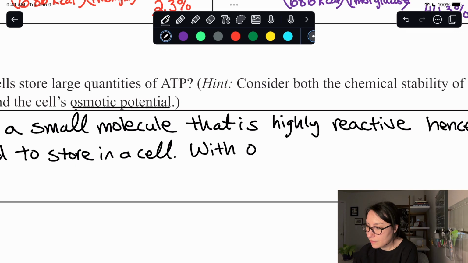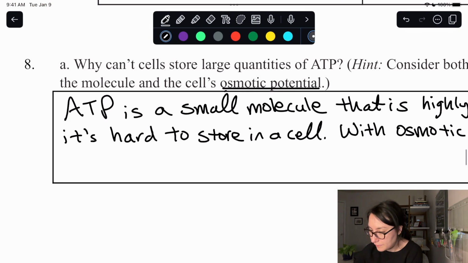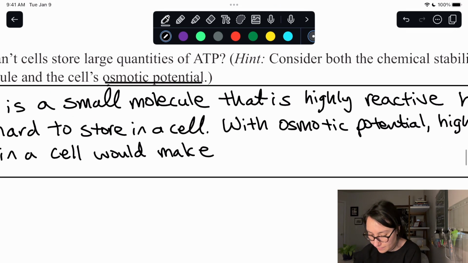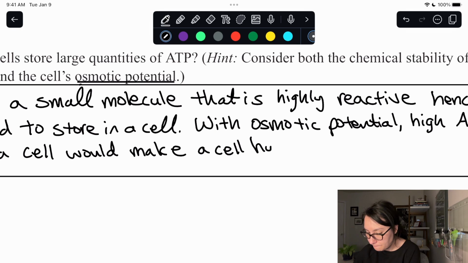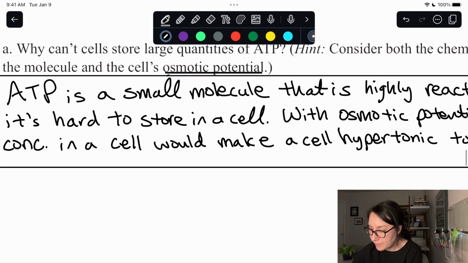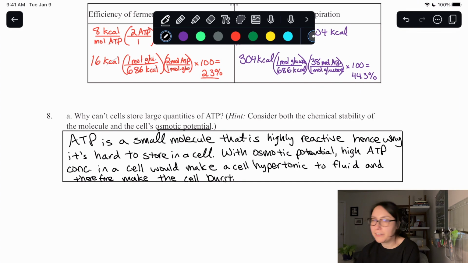A high ATP concentration in a cell would make a cell hypertonic to fluid, and therefore make the cell burst. So what I said earlier wasn't wrong.